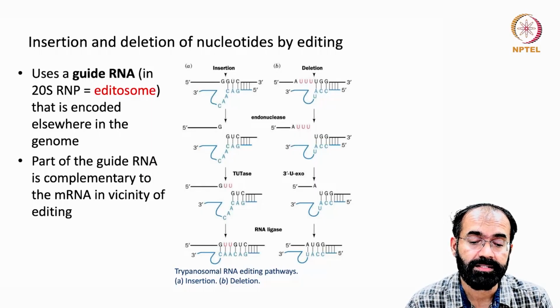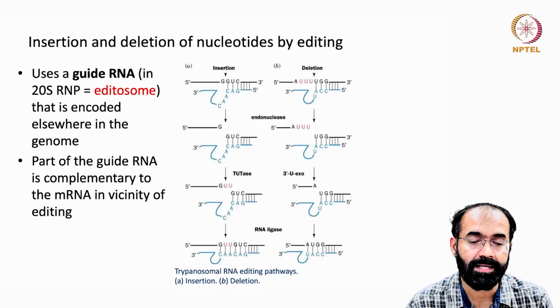So this removal of these three U's brought in a continuous pairing, AUGG paired with this 20S RNP molecule, which brings in an RNA ligase, so that it will create a phosphodiester bond formation between this A and the U, so that it becomes an edited RNA.